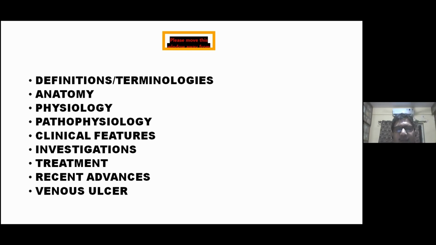So varicose vein can come as a long case in your practical for both undergraduates and postgraduates. For that purpose, clinical features and clinical examination are very important when you are dealing with a patient.